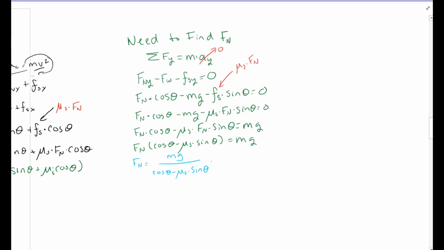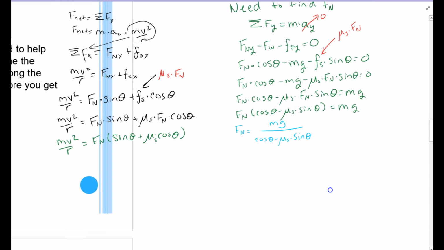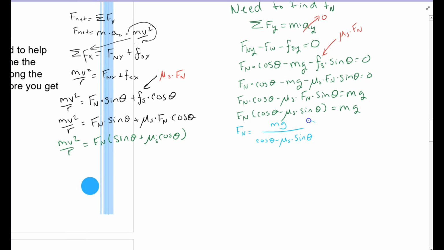With this information, we're now able to go back to the equation we saw before, where we had the normal force, and substitute all of that in. This is going to go in right there.